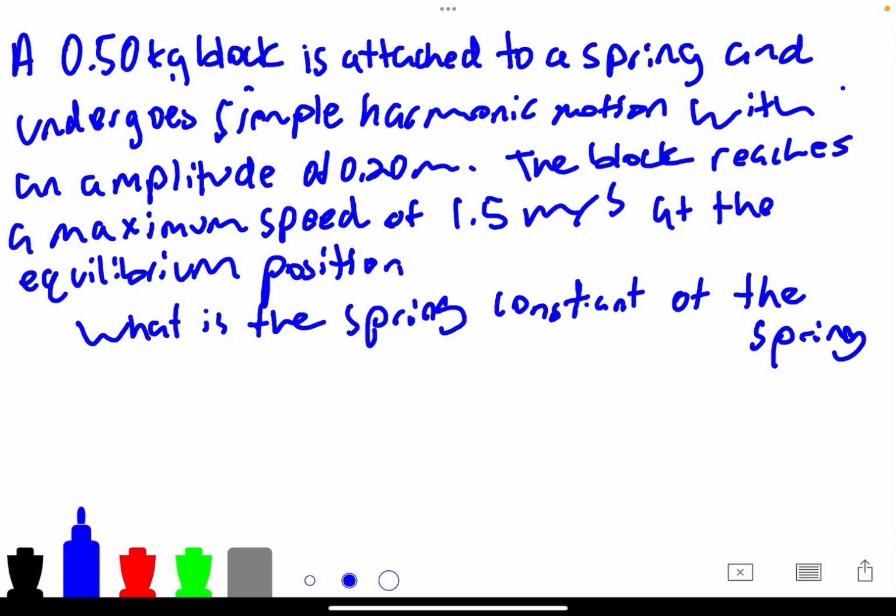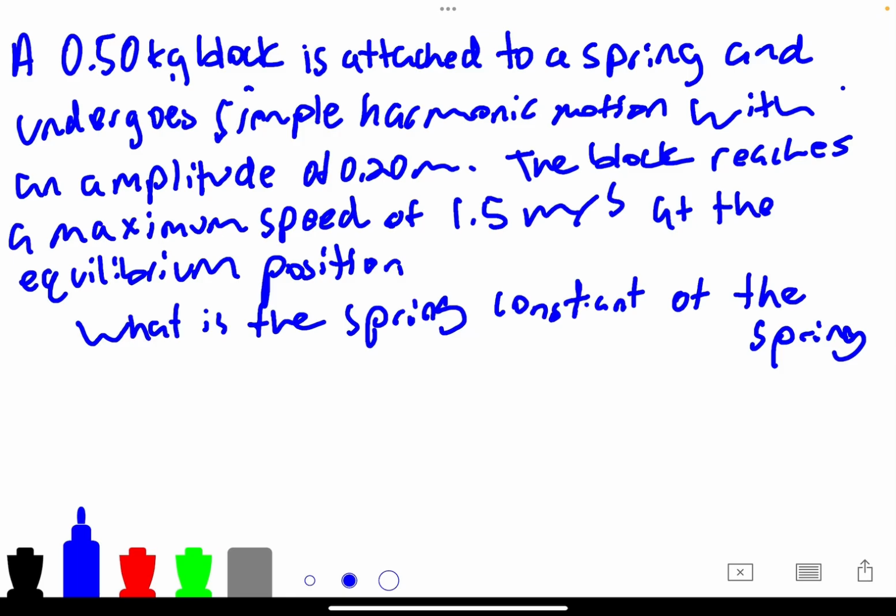A 0.5 kilogram block is attached to a spring and undergoes simple harmonic motion with an amplitude of 0.2 meters. The block reaches a maximum speed of 1.5 meters per second at the equilibrium position. What is the spring constant of the spring?